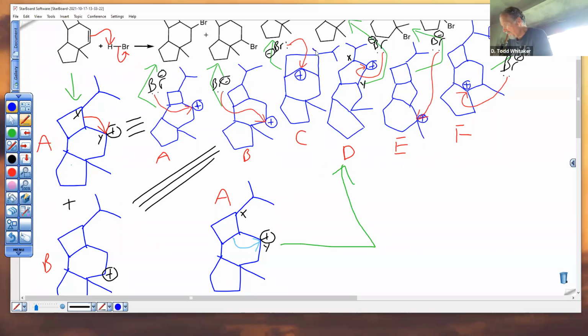X is the carbon with the isopropyl. It's not looking good. X. And the Y is top right of the cyclohexyl. And this X is now bonded to Y. X is now bonded to Y. The top of the cyclohexyl lost a 4th bond, so it's a cation. This goes to C.